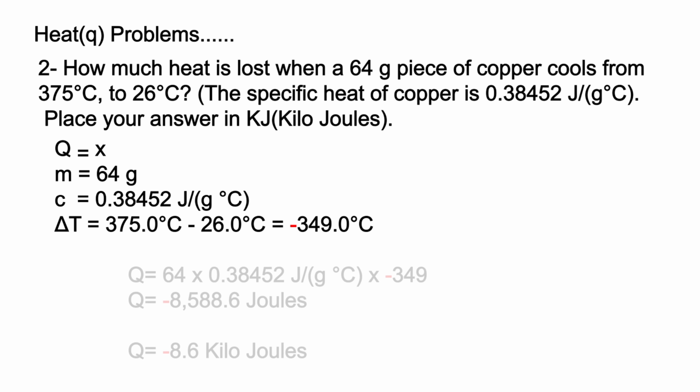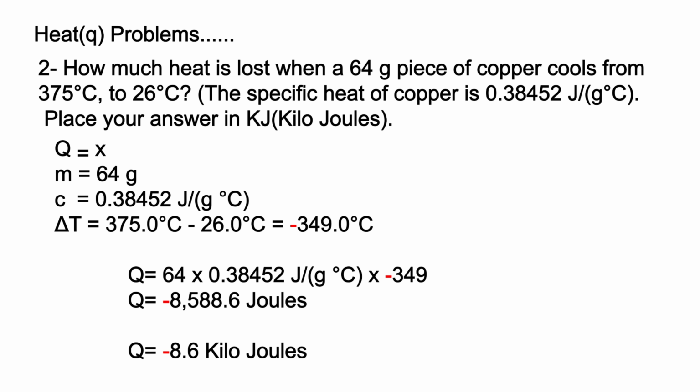And here's the equation: 64 grams times 0.38452 joules per gram times negative 349. And we will have negative 8588.6.